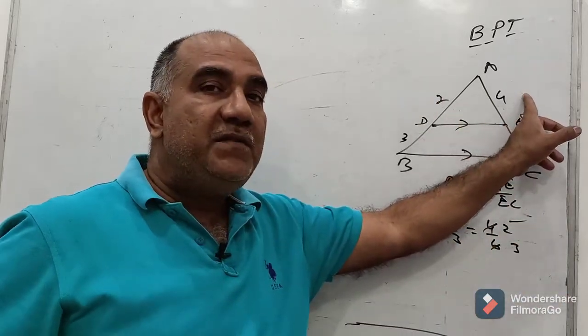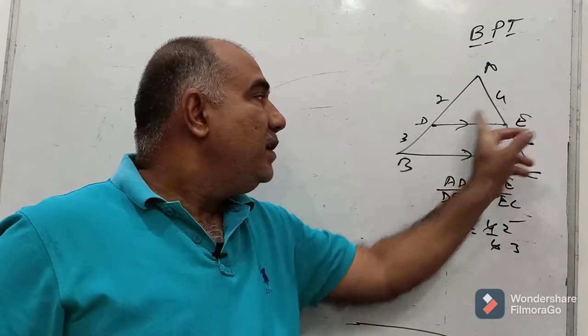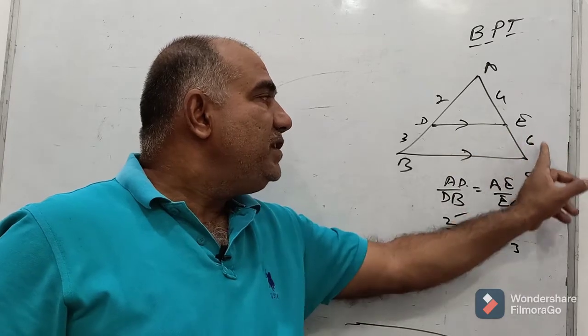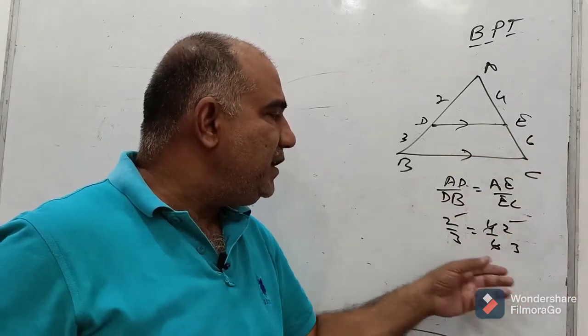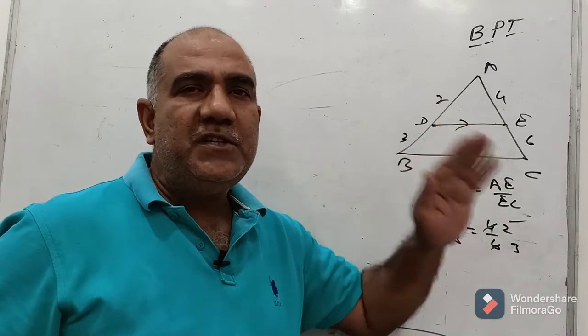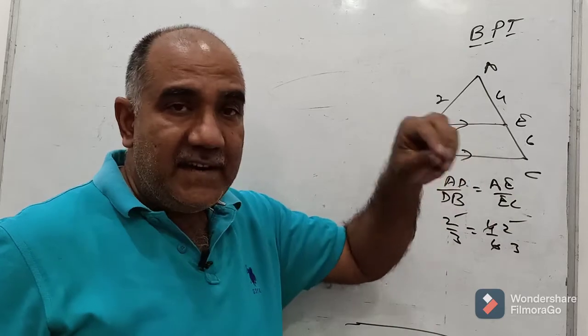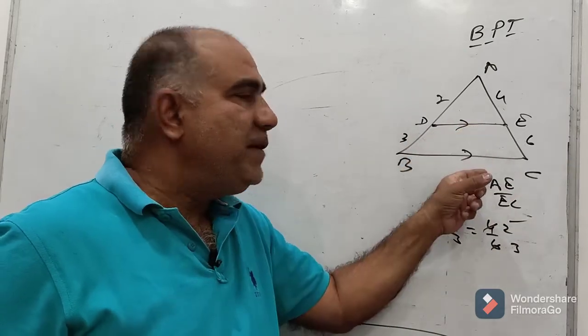It can be, but it is not necessary. See, AD was 2, AE was 4, DB was 3, so EC was 6. But when you take the ratio AD upon DB or AE upon EC, so this is 2 by 3, that is also 2 by 3. So their ratio must be same. And the necessary condition for this ratio will be same only when DE will be parallel to BC.